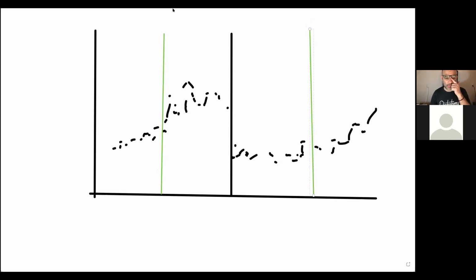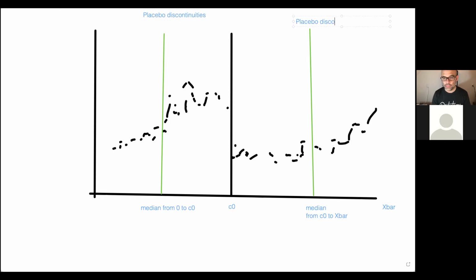What are these? These are both the median from 0 to C0. This is C0. This is X bar. And so this would be the median from C0 to X bar, right? And these are both placebo discontinuities.